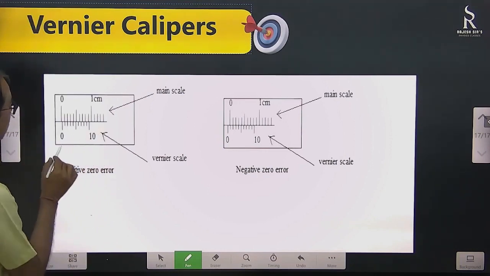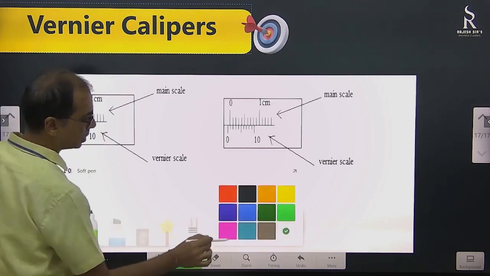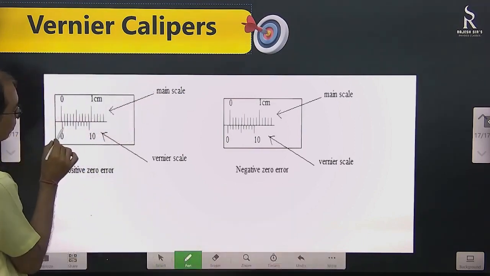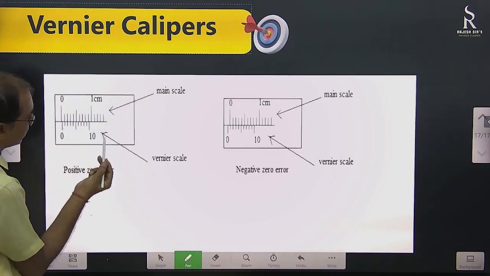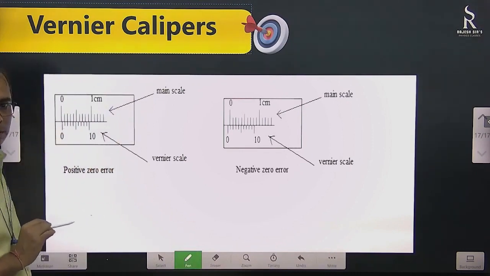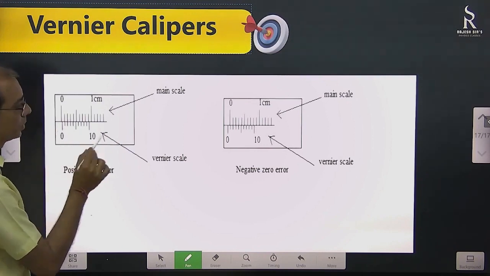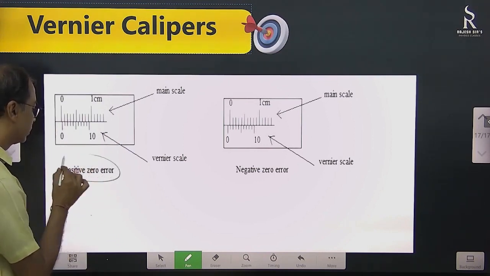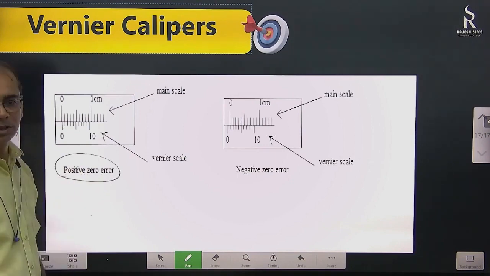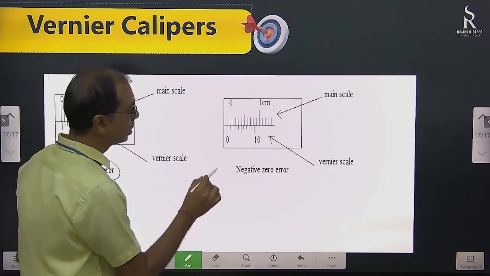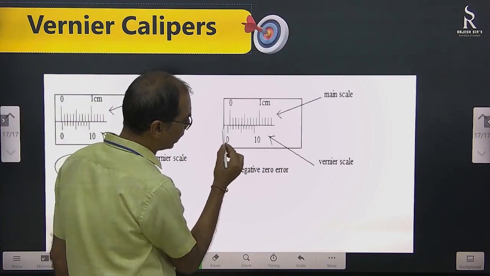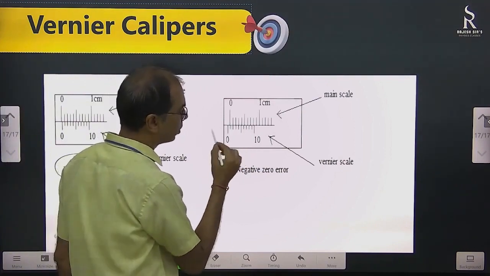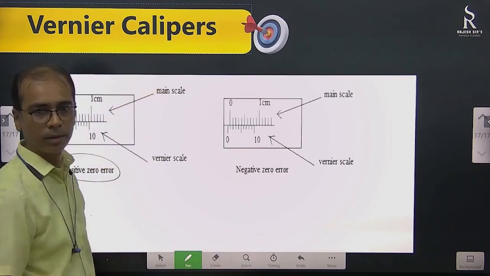In this one, the Vernier scale zero is slightly on the right side of the main scale. We call this positive zero error. In the negative case, the Vernier scale zero is slightly on the left of the main scale, so we call this negative zero error.